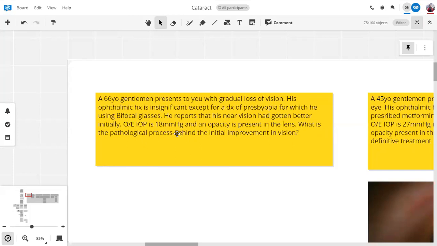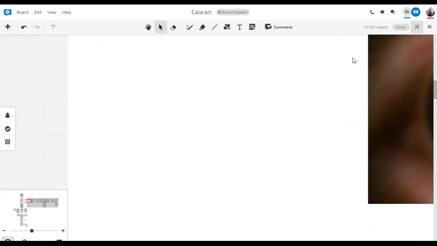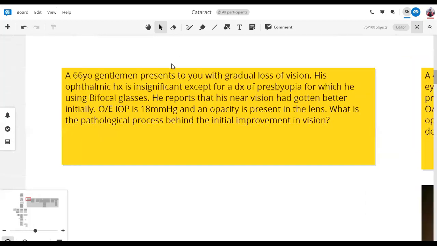Which initial improvement? Now let's read this whole scenario. Okay, so I don't have a picture at the moment because I thought it was pretty straightforward.